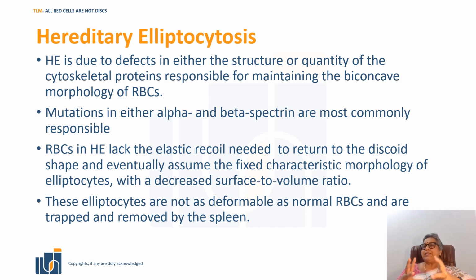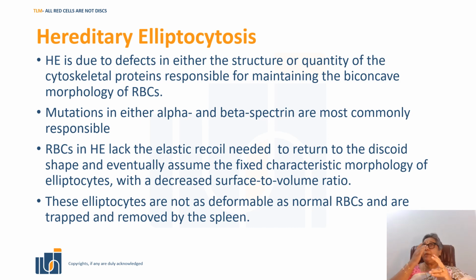Now, because this is lacking due to the defective cytoskeletal proteins, these will lose their discoid shape and assume a fixed characteristic morphology of the elliptocyte, which has a decreased surface to volume ratio.